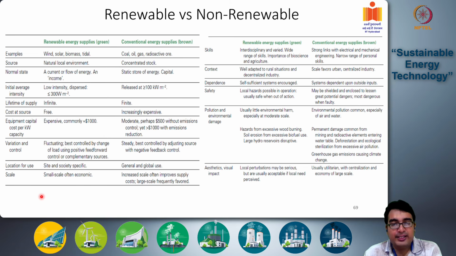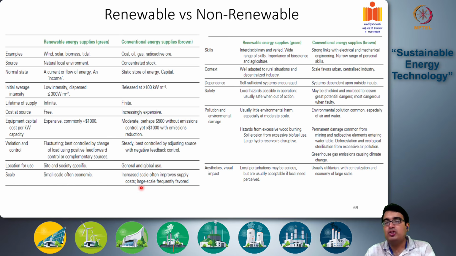When it comes to scale, small scales are often economic. You can have micro hydro turbines, micro wind turbines, a single solar cell on your rooftop. It is economic to do it at a small scale. Whereas for conventional energy supplies, large-scale systems are usually more economic. So a household gas turbine power plant burning natural gas does not make sense, but small-scale rooftop solar does make sense.